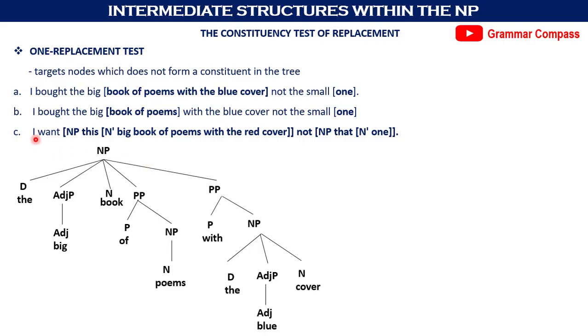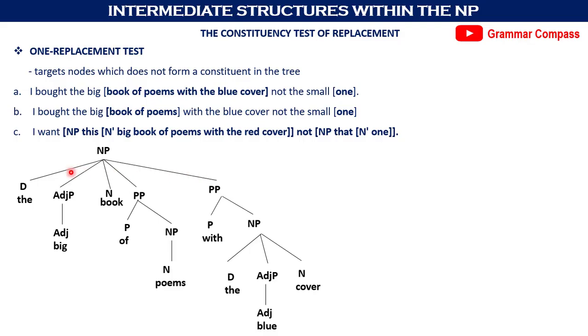So if we do that, this is what we have. So I want this one. So I want this book of poems with the red cover, which means that big book of poems with the blue cover, the part starting from the adjective phrase to the end, forms a constituent.